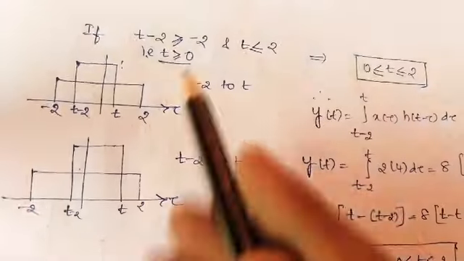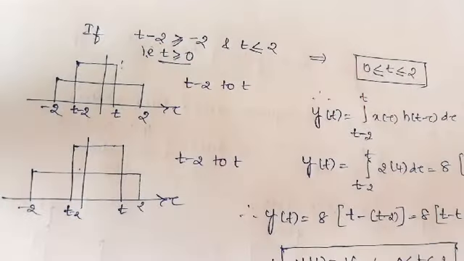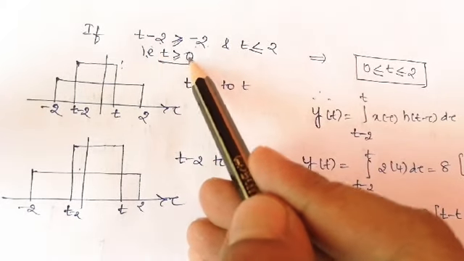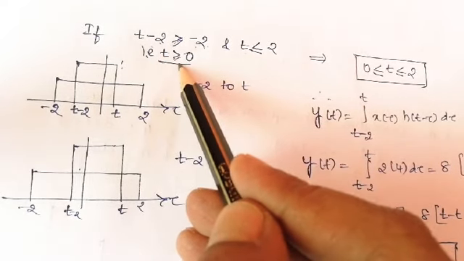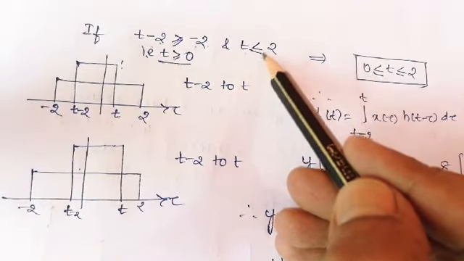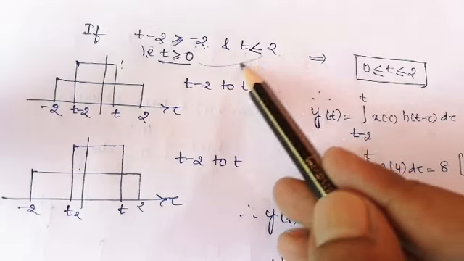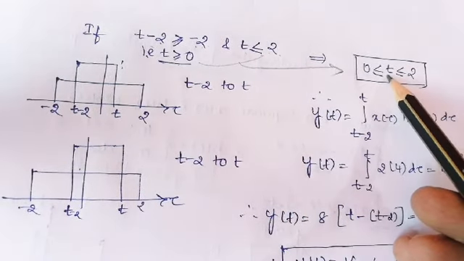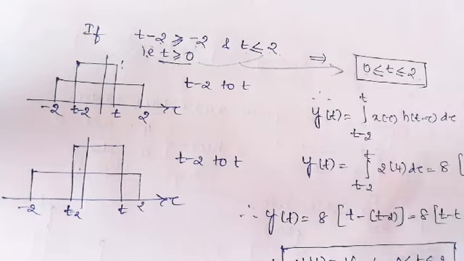What happens? Let us see. If you take 2 to the other side, it becomes plus 2. Minus 2 plus 2 becomes 0. Hence t is greater than or equal to 0, and it is less than or equal to 2. Hence we can write together that the value of t lies between 0 and 2.